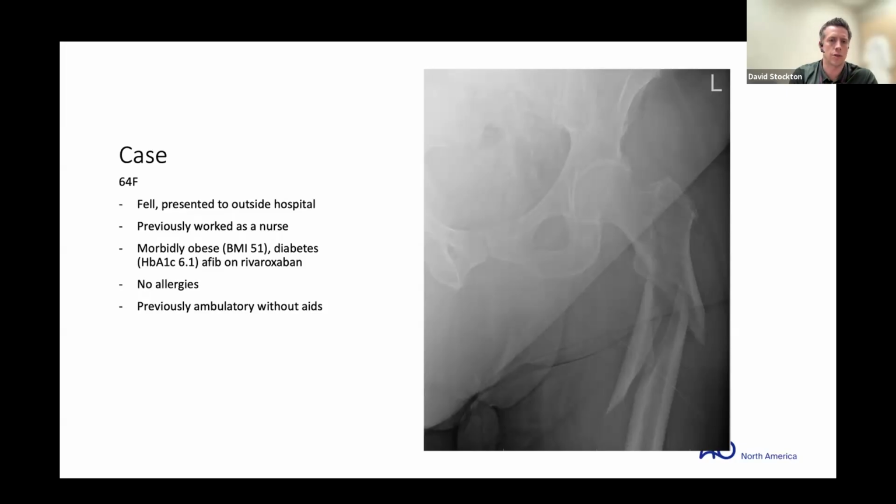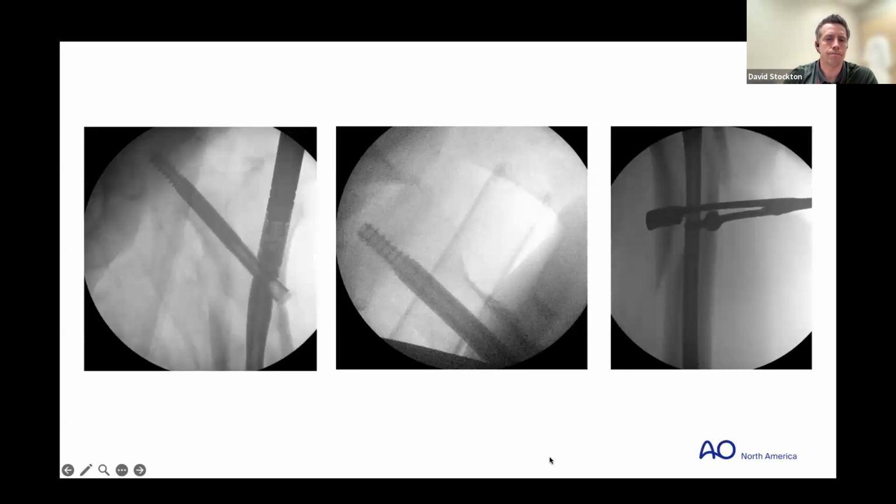She previously worked as a nurse. Her BMI is 51. She has type 2 diabetes that's reasonably controlled with an A1C of 6.1. She also has atrial fibrillation on rivaroxaban, and she was previously ambulatory in the community without any gait aids.